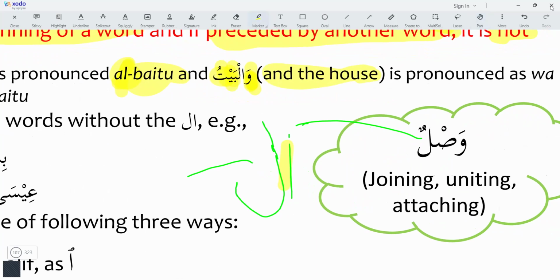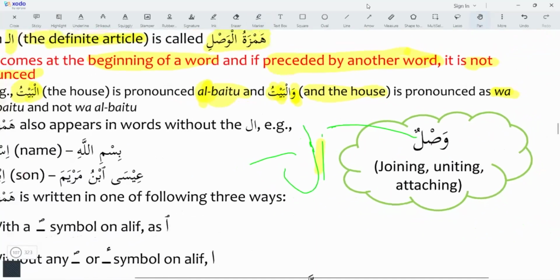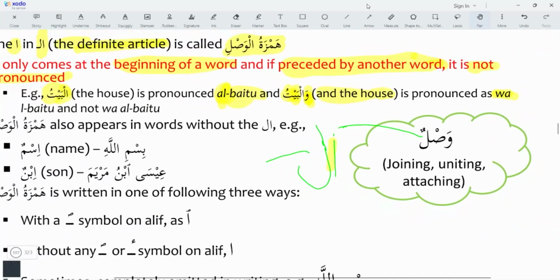So it is pronounced wal baytu, and not wa al baytu. We will not pronounce wa al baytu.